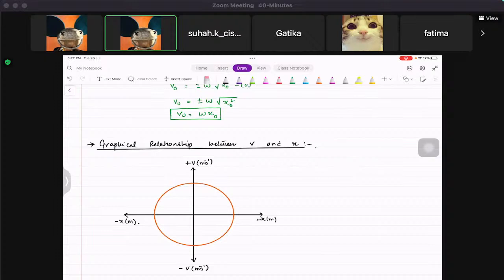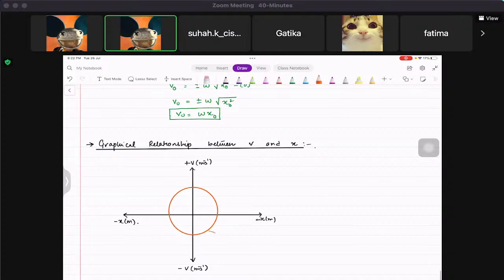This doesn't look like an exact circle, but let me try to make an exact circle. Well, this is too small, doesn't fit my purpose. Oh no, what do I do? Wait. Okay, fine, just don't mind it if it's not a perfect one.